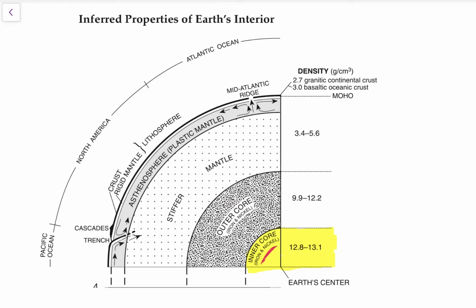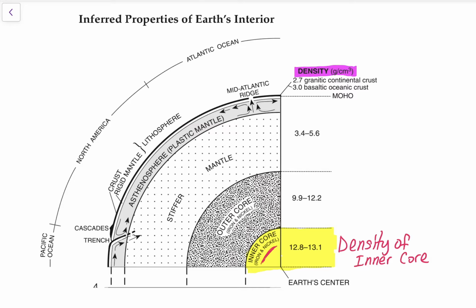This number on the side tells me the density of that layer. So this is the density of the inner core. Okay, so in the inner core, the density values would be in between 12.8 and 13.1.